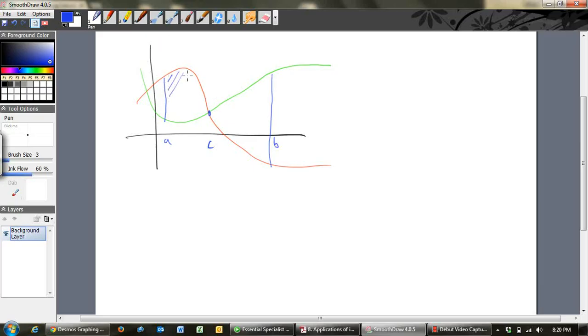Why do you have to break it up into two pieces? Well, because here the red line is on top and here the green line is on top.